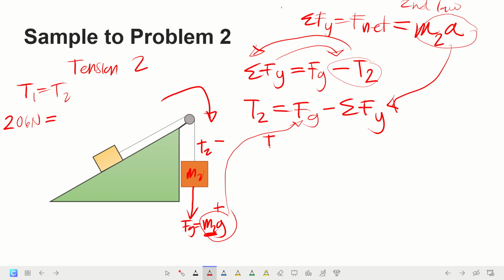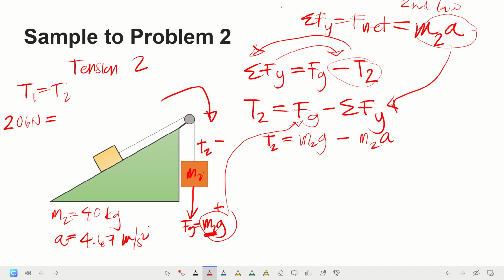So, that tension number 2 is equal to m2g minus m2a. So, the value ng mass number 2 natin is equal to 40 kilograms. And yung acceleration of the system is equal to 4.67 meter per second squared.